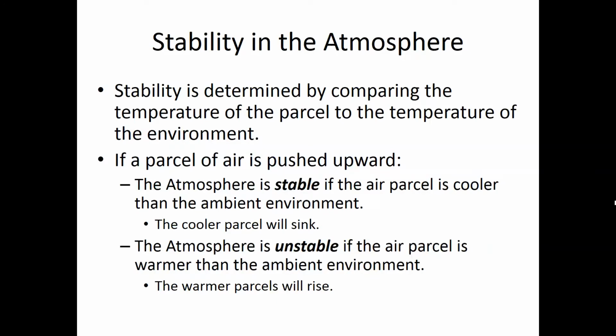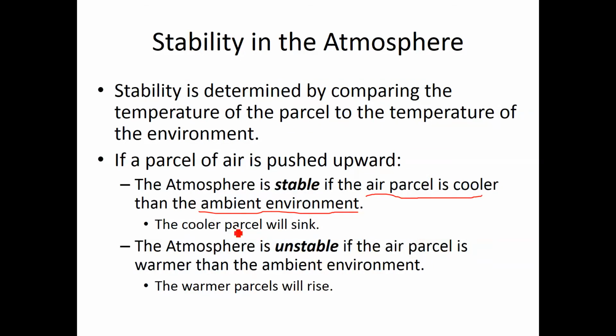And we can determine the stability of the atmosphere based on this. The atmosphere is stable if when a parcel of air is pushed upward, the parcel is cooler than the ambient environment. In this case, if we take the parcel and push it upwards, it just sinks right back down.